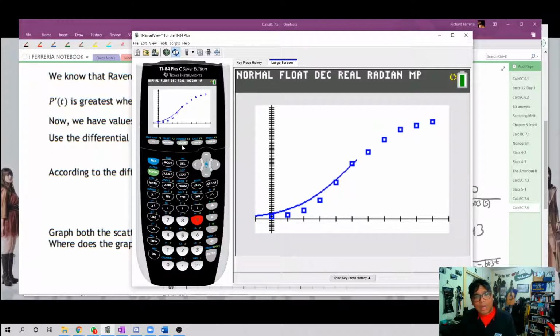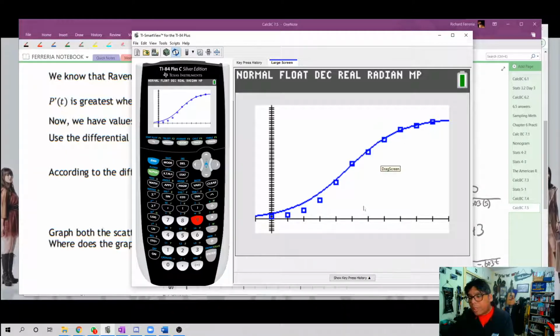Now remember that I used rounded values for A and K and M, but that looks pretty darn good. Okay, I think that fits pretty well. Not so good over here, pretty good over here, and shockingly, over here on the tail end of the infection, we got it looking pretty good as well.